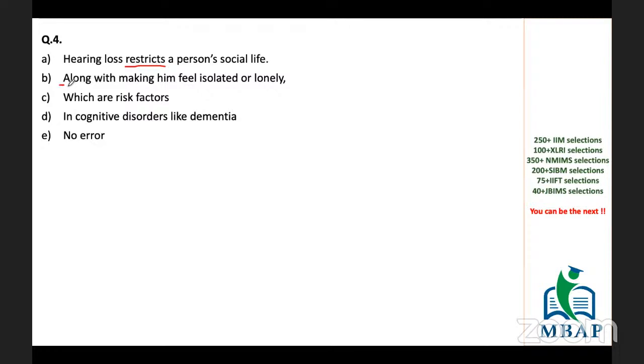So using along with means we are adding some additional factor. But the information along with is bringing is isolated and lonely, which is already described by saying restricted. So along with here makes no sense because it is not bringing any additional information, but simply a description of what is already mentioned. If restricted is already given to us, it makes no sense that we go by along with.